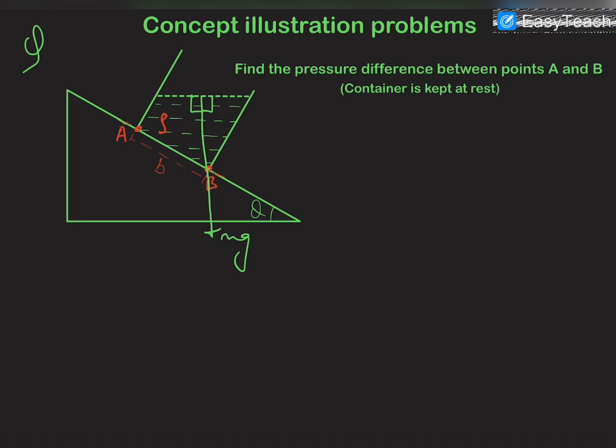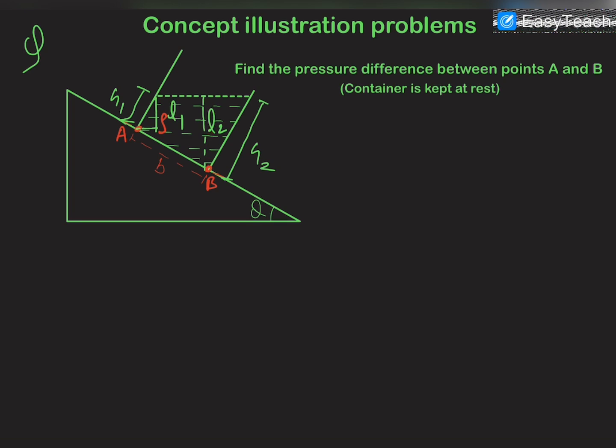So this is the level of the fluid which is parallel to the horizontal level. And now we have to find out this difference of pressure. To find that difference, let us assume that this height is h2, and this is h1. And this length is, let's suppose, L2, and this length is L1.